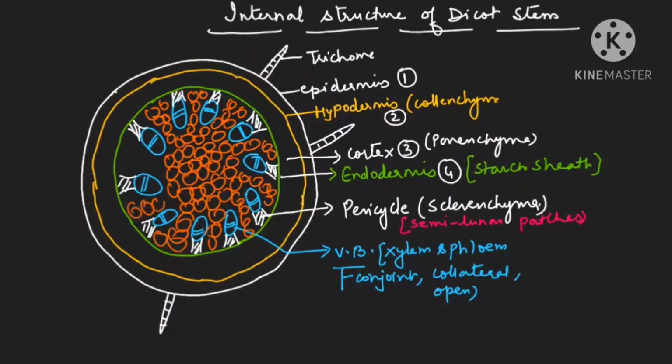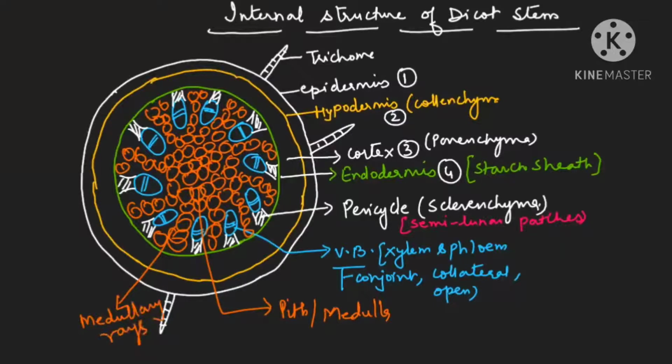This is again parenchymatous in origin. I'm just doing the labeling, try to check my diagram. This is known as pith or medulla, and this part I'm writing here, this is known as medullary rays. So this is the short diagram.